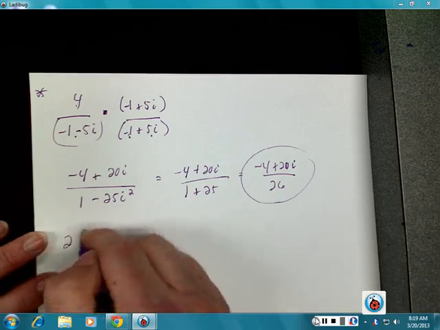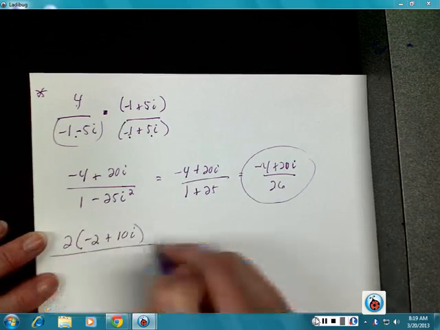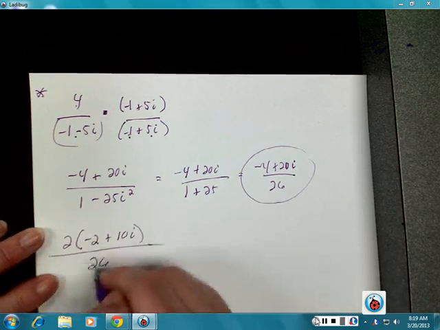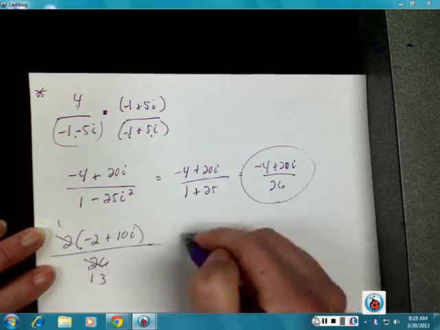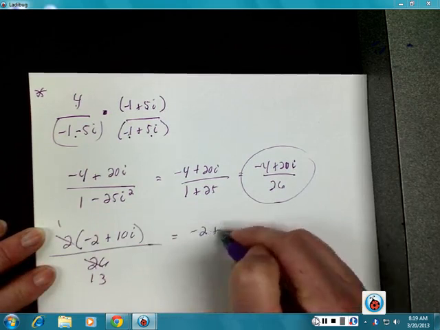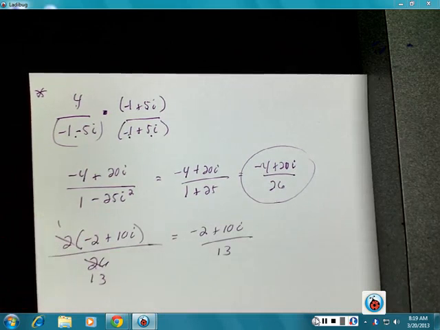So if I pull out a 2, I get negative 2 plus 10i all over 26. The 2 and the 26 will cancel. So really my true answer is negative 2 plus 10i all over 13. Okay?